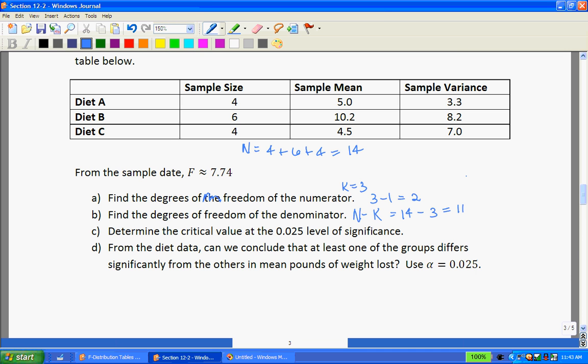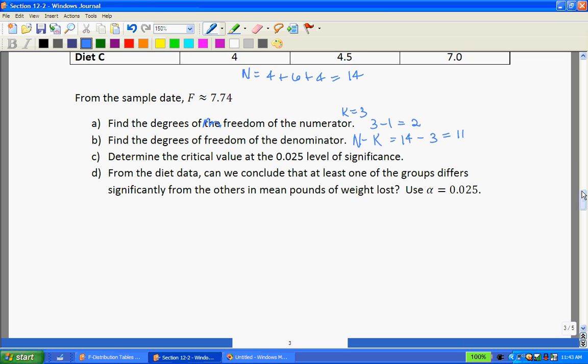Okay, determine the critical value at 0.025 level of significance. Let's move down here. So what I'm looking for is an F value, knowing that I have degrees of freedom 2, 11, and alpha equal to 0.025.